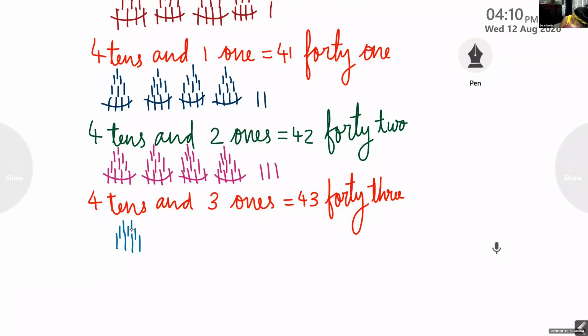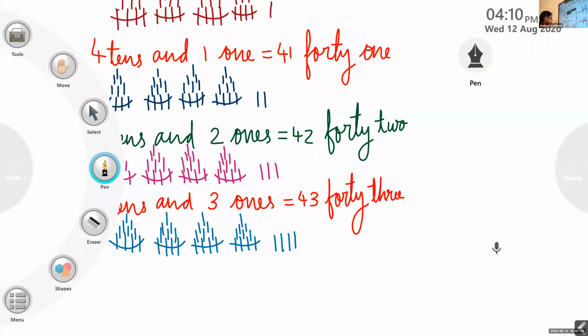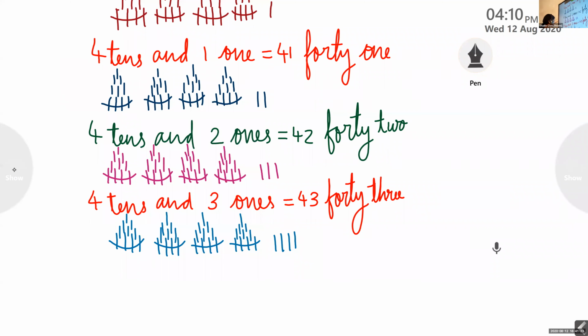Very good. The number is 4 tens and 4 ones, 44.